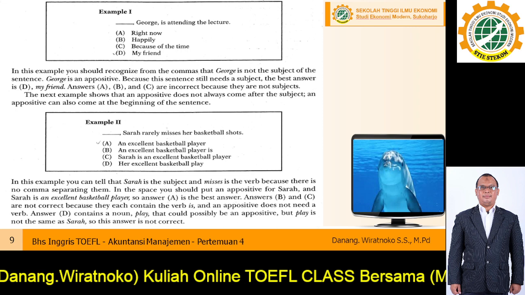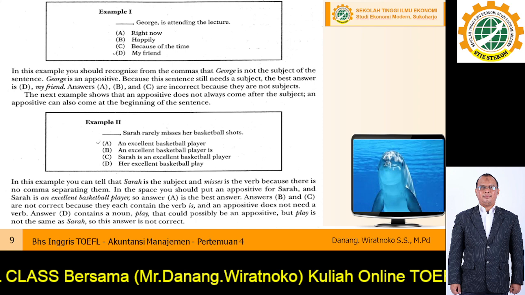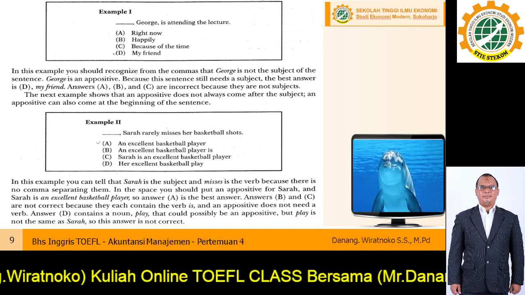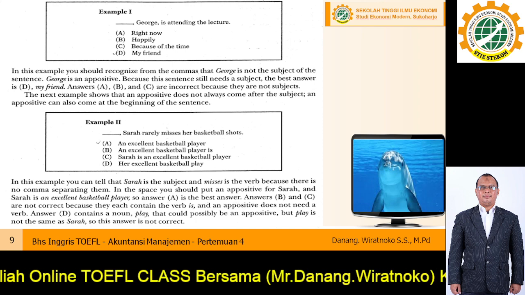In the space, you should put an appositive for Sarah, and Sarah is an excellent basketball player. So answer A is the best answer. An excellent basketball player, Sarah. Jadi sini kurang appositive-nya ya. So answer A is the best answer.